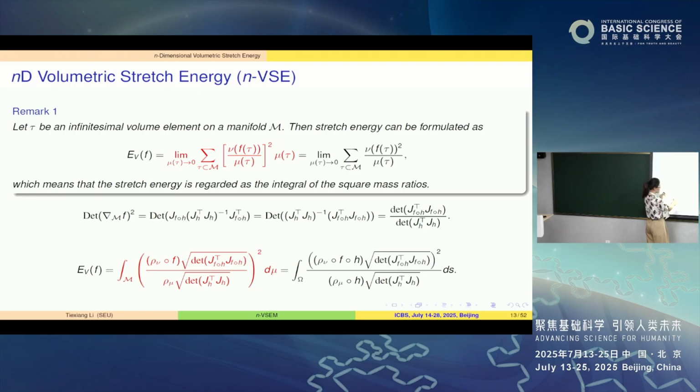So we can see that the volume structure energy can actually be seen as the integral of the square of a mass ratio. If we focus on the volume element tau, then we can rewrite this energy in this way. So this is our continuous version for the structure energy.